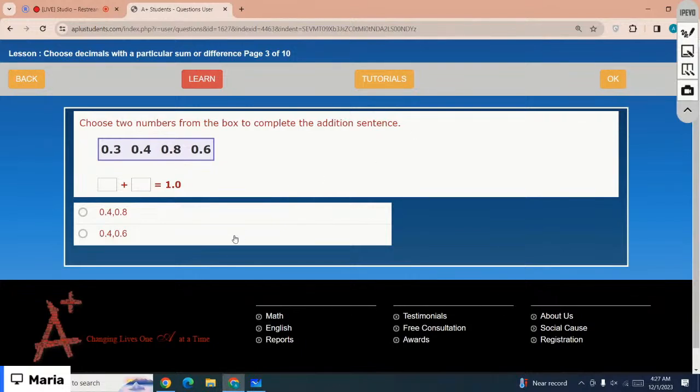Very good. That is 0.6 and 0.4. When you add them together, they make 1.0, right?